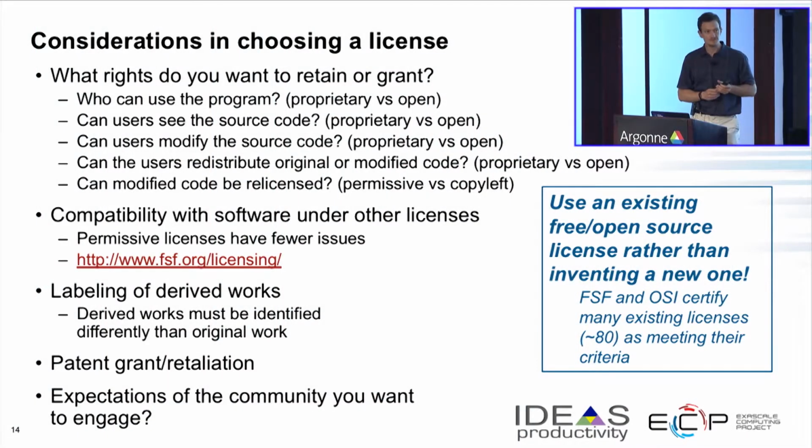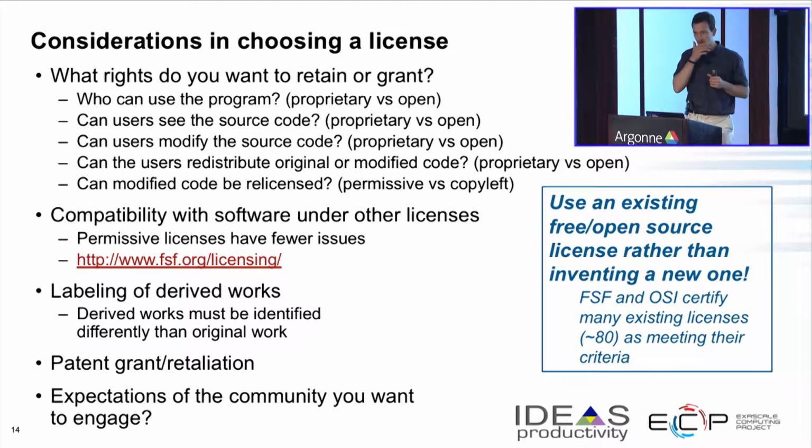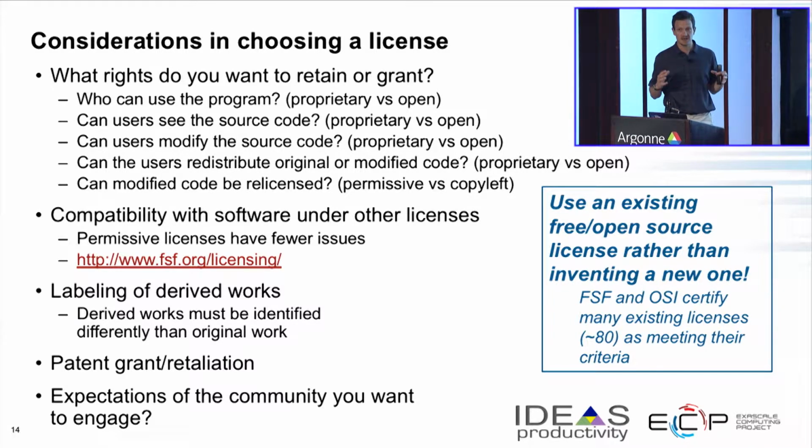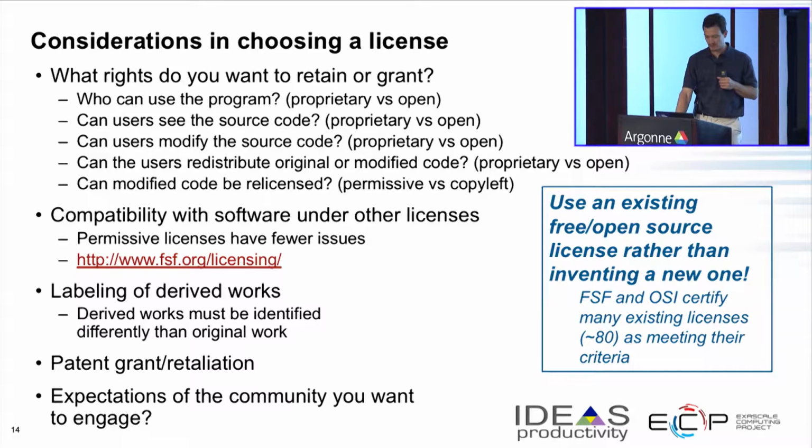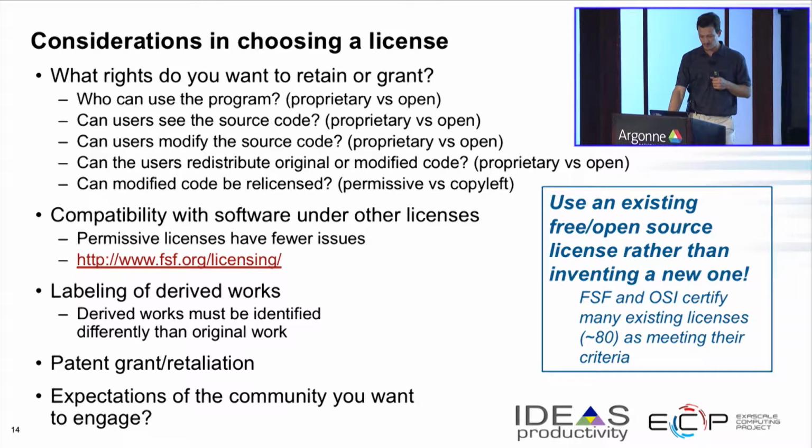So, considerations in choosing a license. You have to figure out what objectives you want to achieve, and some of these things may evolve over time as well. I'll show you a case study later if there's time where things have evolved.